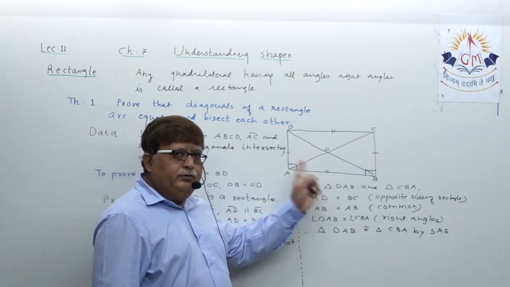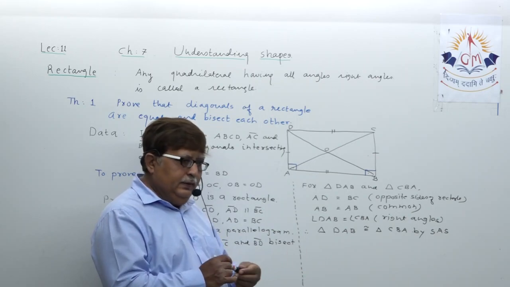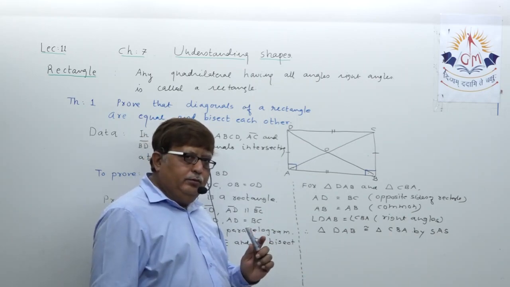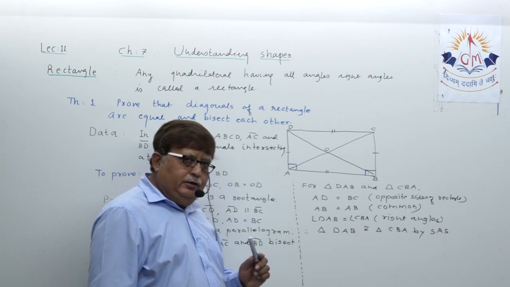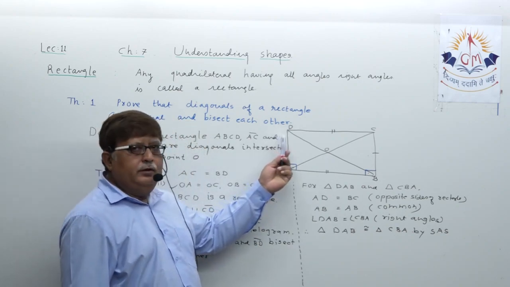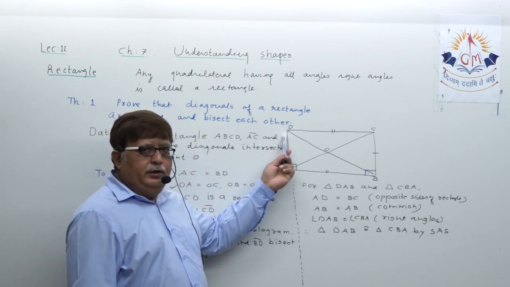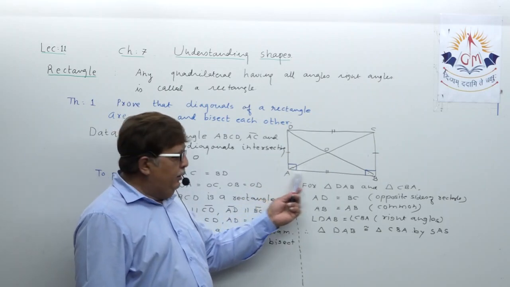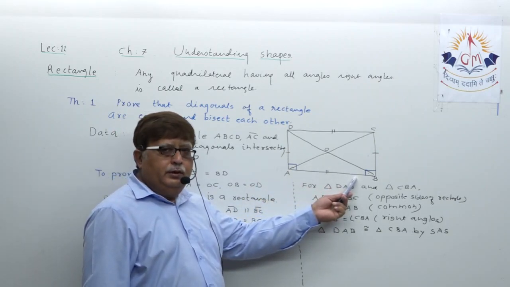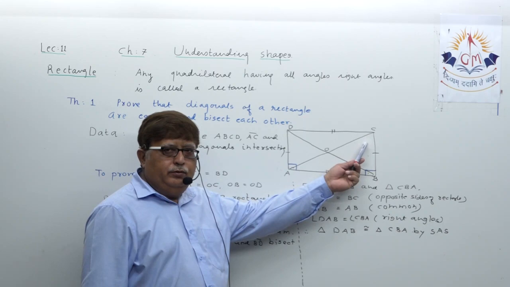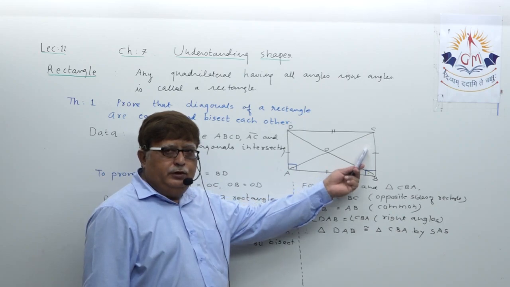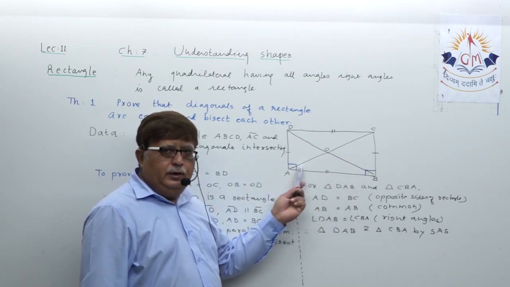So now when you say that these two triangles are equal, which are those two triangles? Triangle DAB congruent to triangle CBA.